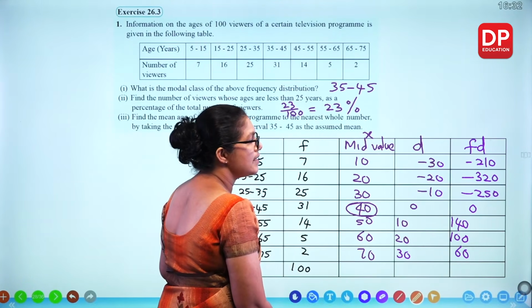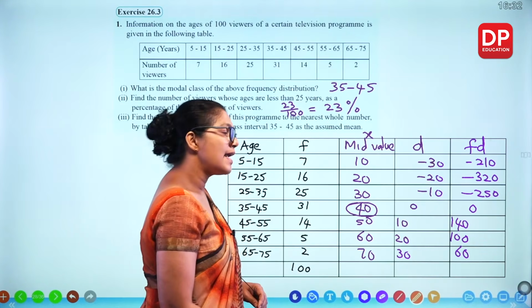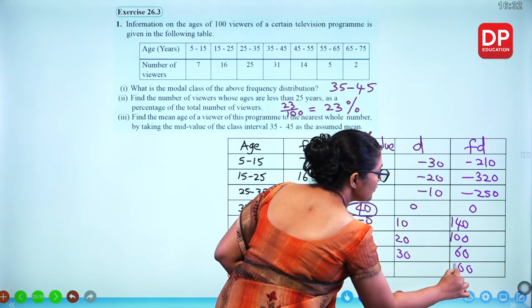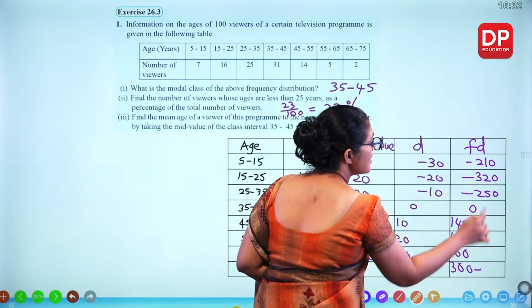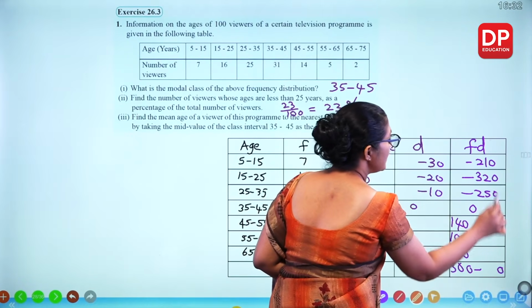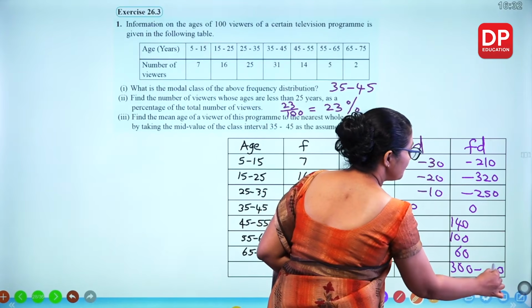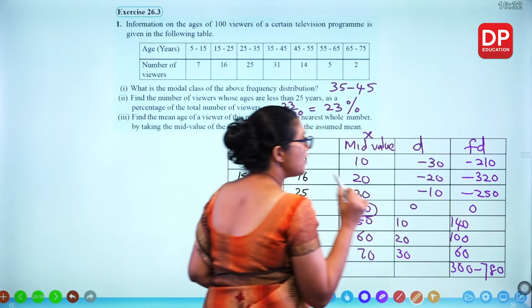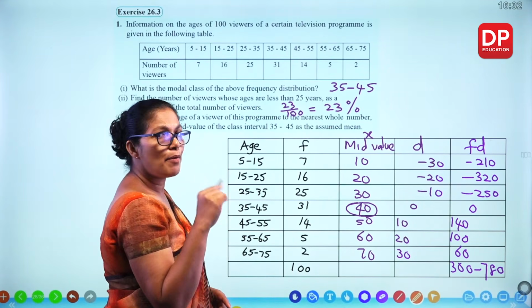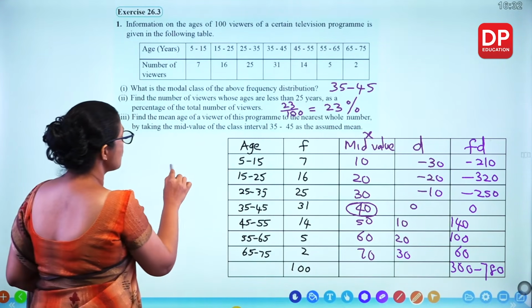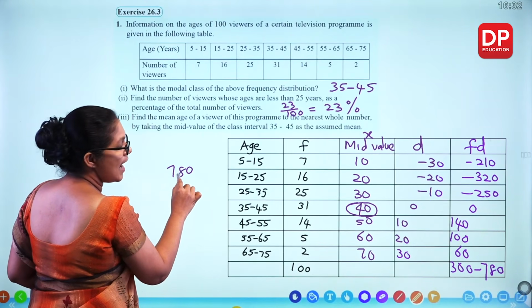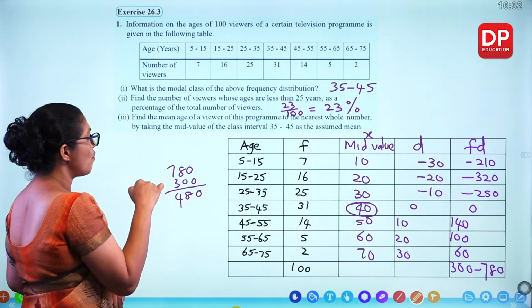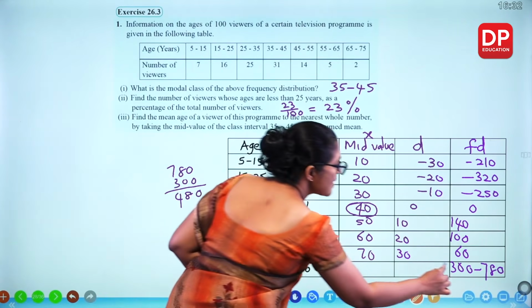Now add the positive numbers separately and negative numbers separately. You get 300. Negative numbers, 0, 8, 7. So negative 780 and positive 300. So 780 and 300. 480, that's negative.